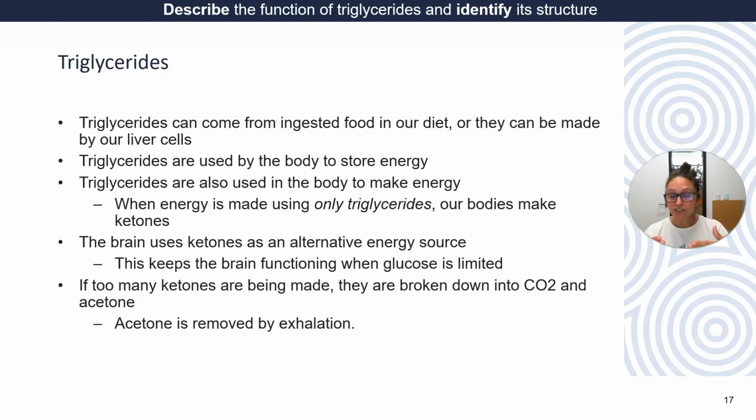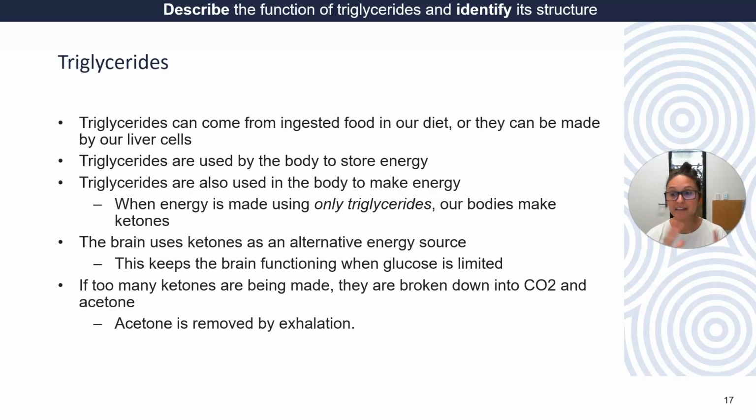Now, when you are using triglycerides as your energy, your body makes something called ketones. Because your brain runs on glucose, and if it doesn't have glucose, it's going to have to use something else. So it uses triglycerides and it makes ketones. You can tell if someone is using only triglycerides for their energy because their breath smells like acetone.